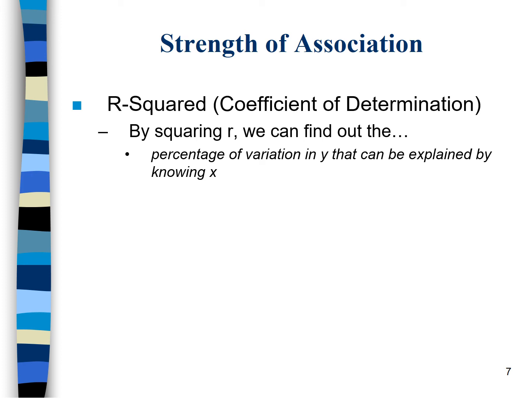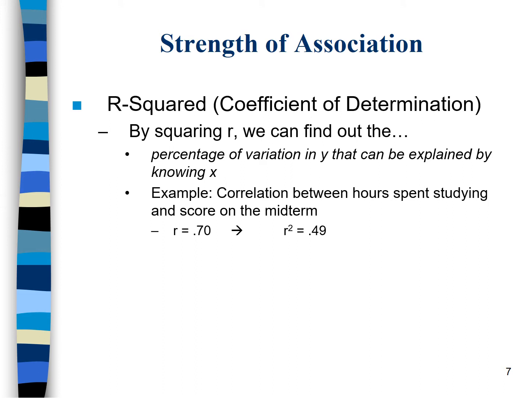So let's take a look at an example. Let's say that I collect data for a group of students who have taken my statistics class and have gone through the midterm. And I want to see, is there an association between the hours spent studying, that'd be variable X, and how well they did on the midterm, their score on the midterm exam, that would be variable Y. So once again, I'm looking at the association between variable X, hours spent studying, and variable Y, the score on the midterm.